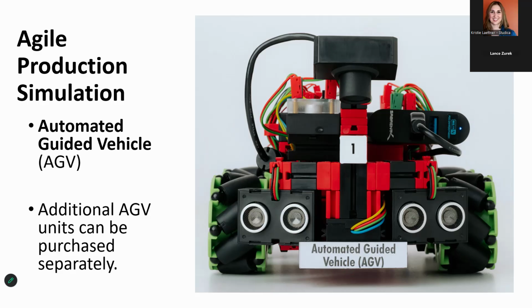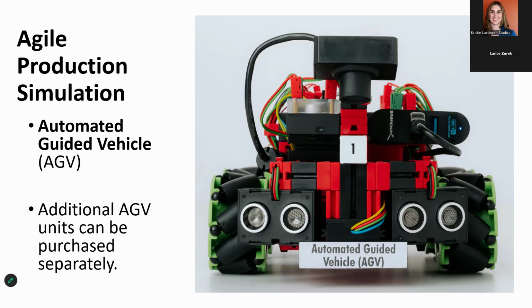It again uses ultrasonic sensors to help it detect obstacles that might be in its way. The vehicle has omni wheels, which allow it, of course, to move in all directions. It has two buttons and a photo transistor to help the vehicle dock to each factory station. The AGV does receive its driving commands from the central control unit, and it uses a fischertechnik rechargeable battery pack as its power supply.